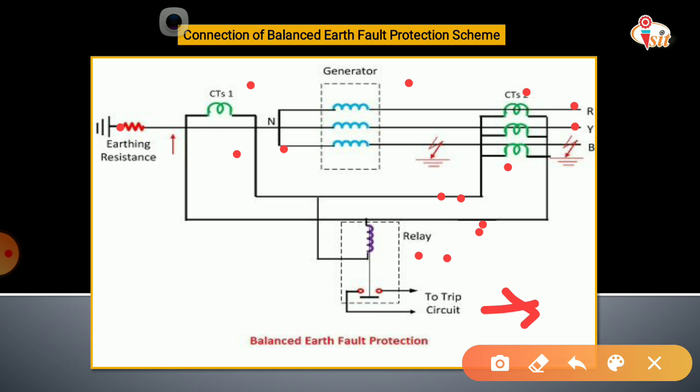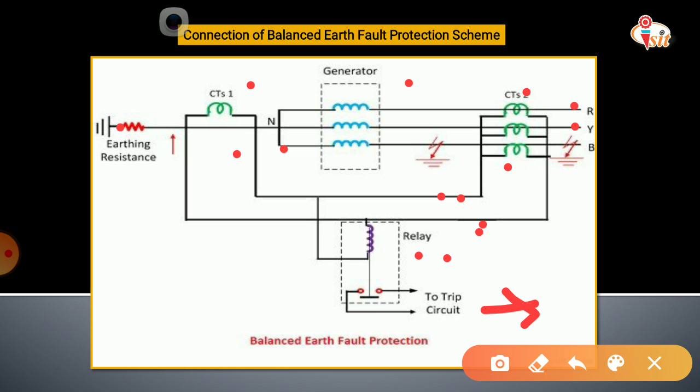So these are the constructional details of the generator. We have to protect the generator against the earth fault. Now we see how this system will work. When the generator is in normal operating condition, the sum of the currents flowing in the secondary of the current transformers is 0, and the current flowing in the secondary of the neutral CT is also 0.